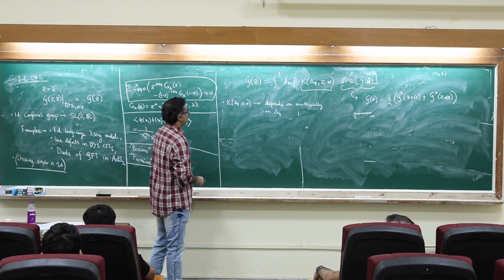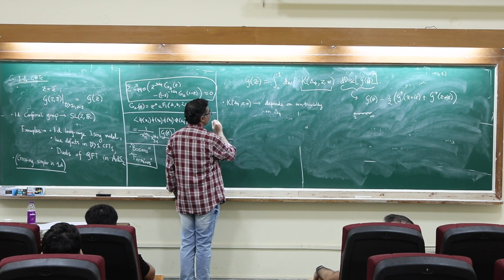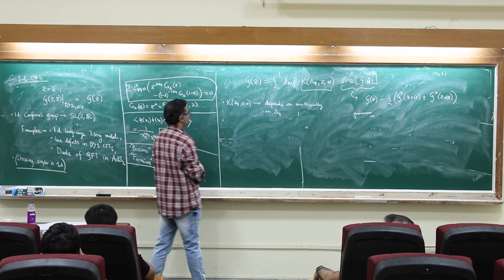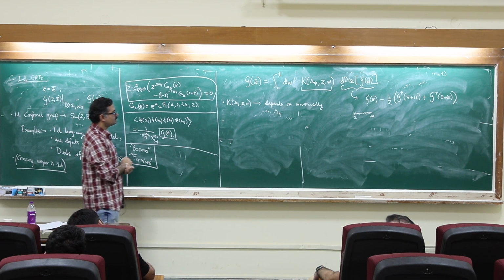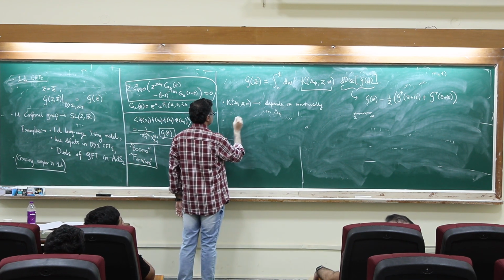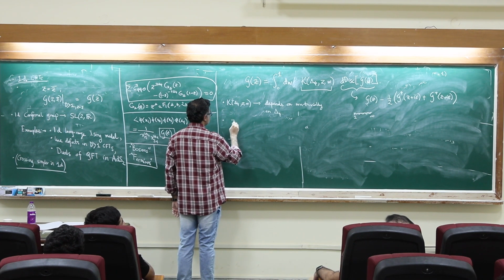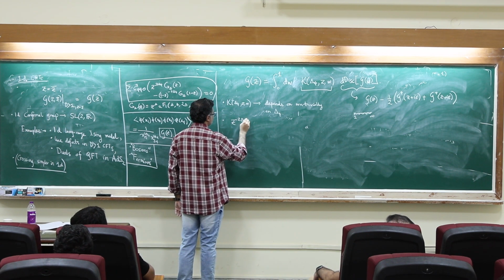The other thing is that this object is manifestly crossing symmetric, and that happens because this kernel turns out to have a certain symmetry.